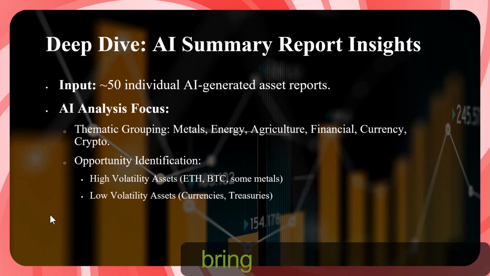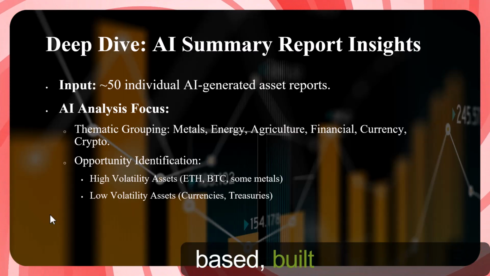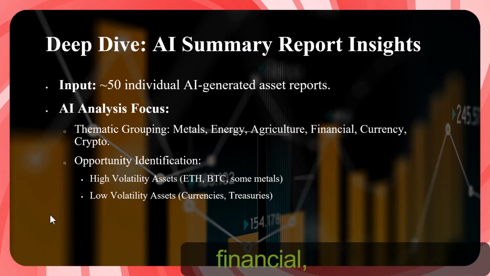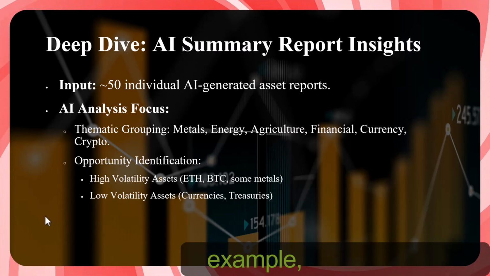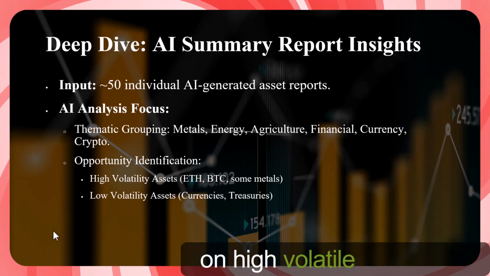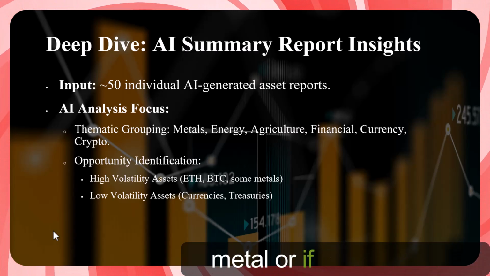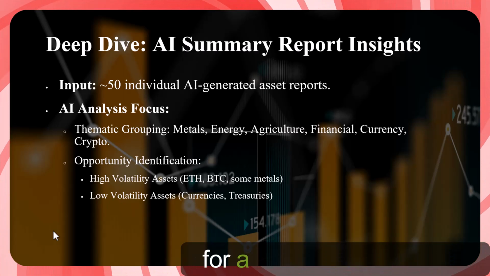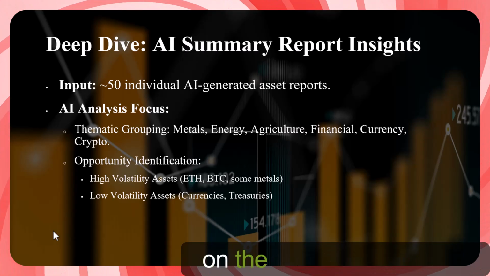They'll bring about a thematic set of groupings, so it's theme based, built around metals, energy, agriculture, financial, currency, and even crypto. As an example, we could focus on high volatile assets like Ethereum, Bitcoin, some metal, or if you have a lower risk profile, as a lot of people going into retirement do, you focus on the low volatile assets.